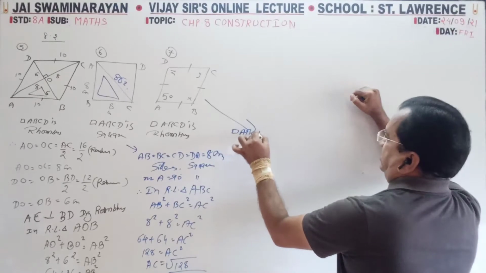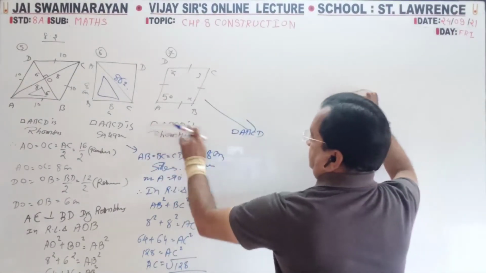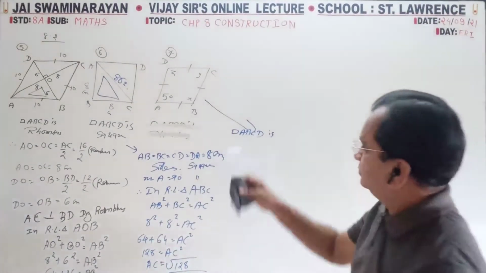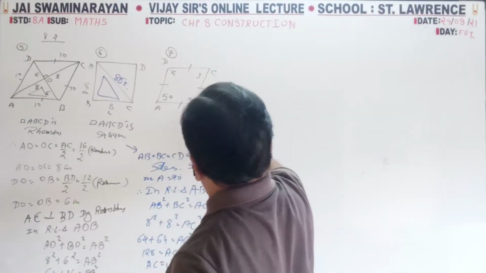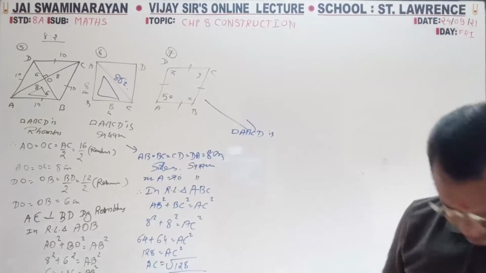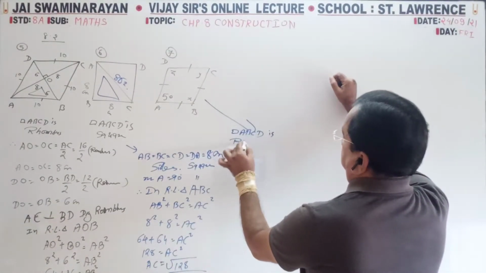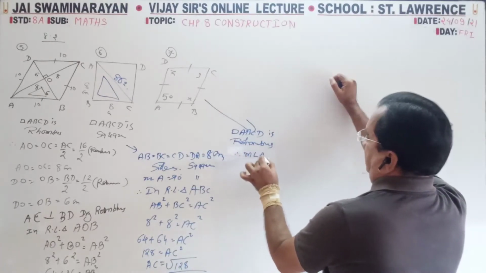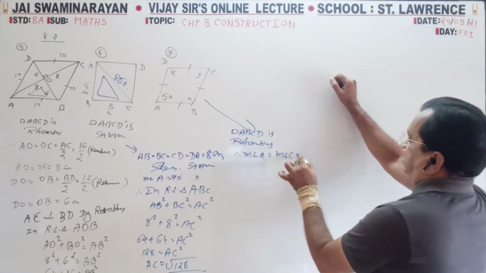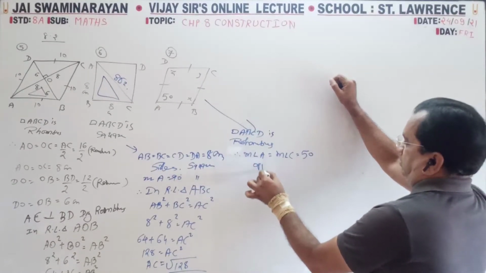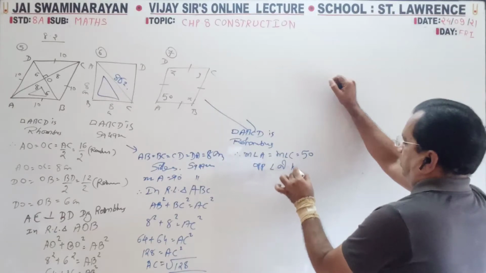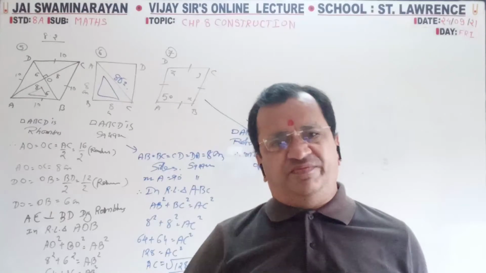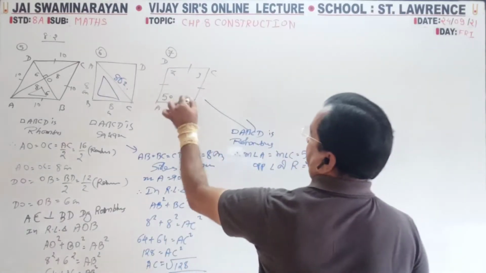Now this. Quadrilateral ABCD is a rhombus. Therefore, measure angle A is equal to measure angle C is equal to 50. Opposite angles of a rhombus are congruent. Opposite angles of a rhombus are always congruent. And adjacent angles sum to 180.